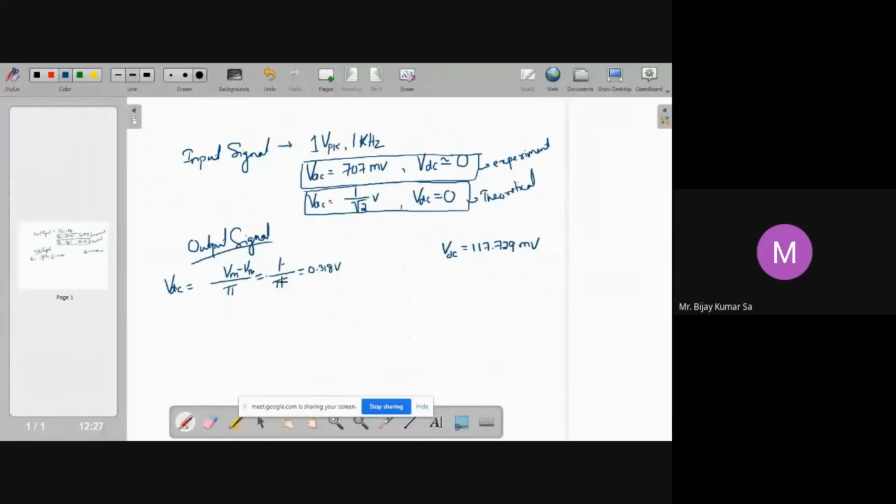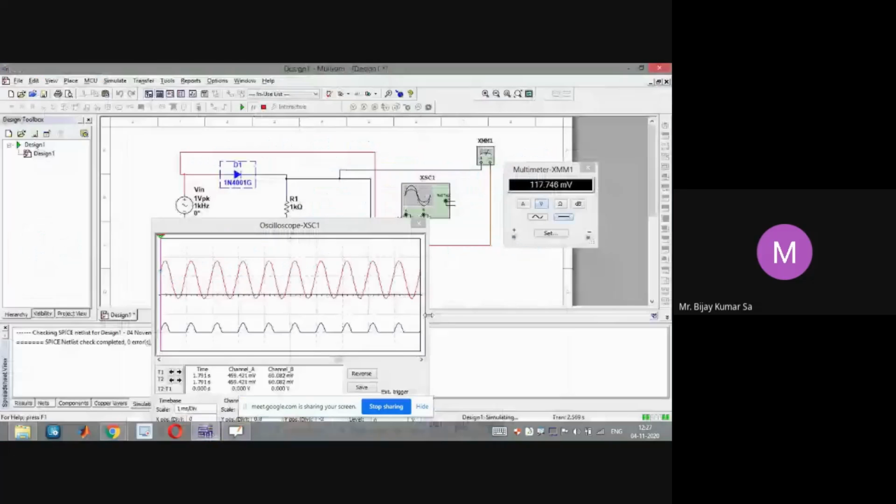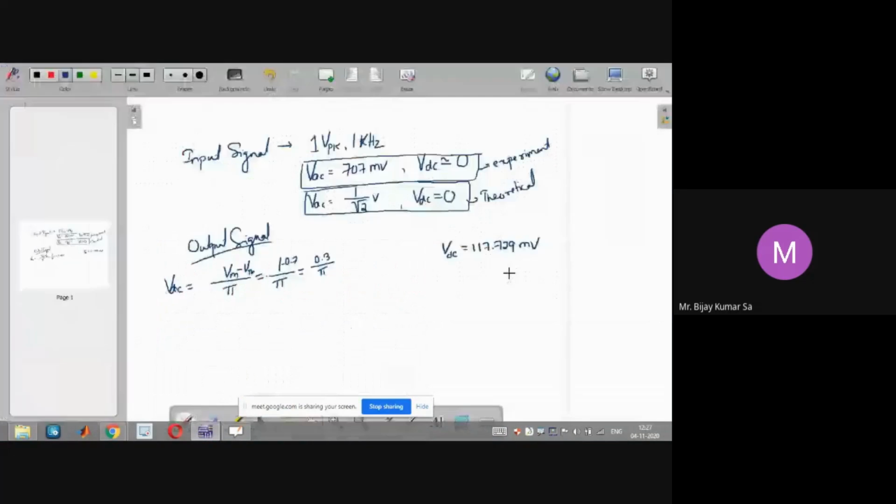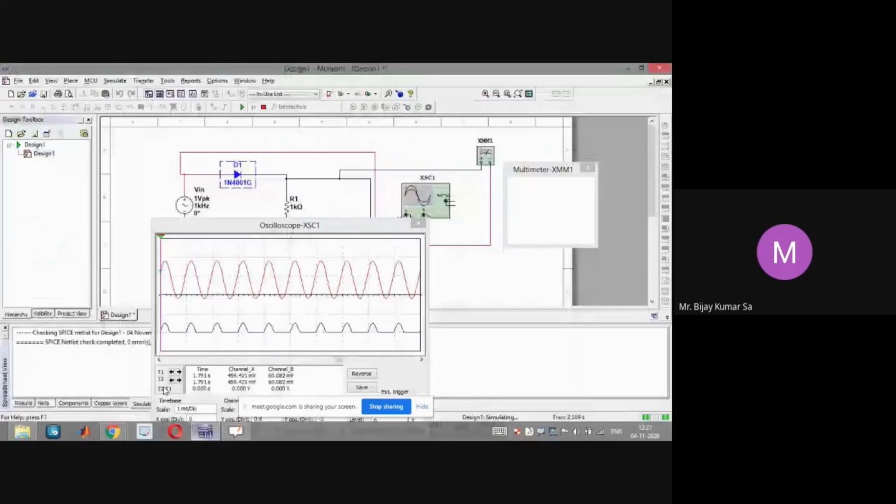So 1 minus 0.7. How much is it? It becomes 0.3, 0.09, right, divided by pi. Okay, what did we get here?